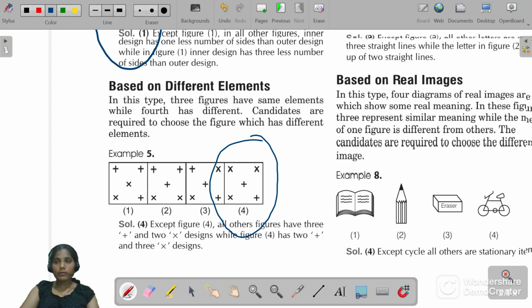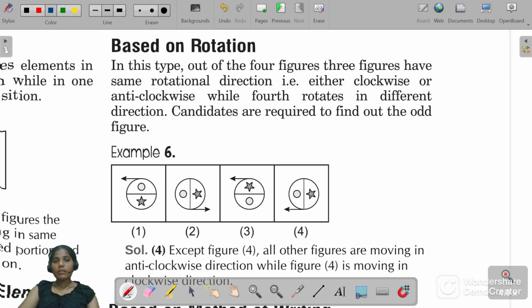By counting the number of elements, we can differentiate all the other options from the one that would be the odd element among all. Based on rotation, we have to observe whether the components which are rotating are moving in an anti-clockwise or clockwise direction. One among them will be odd, so we have to find it based on the directions in which they are moving. We'll see example 6.